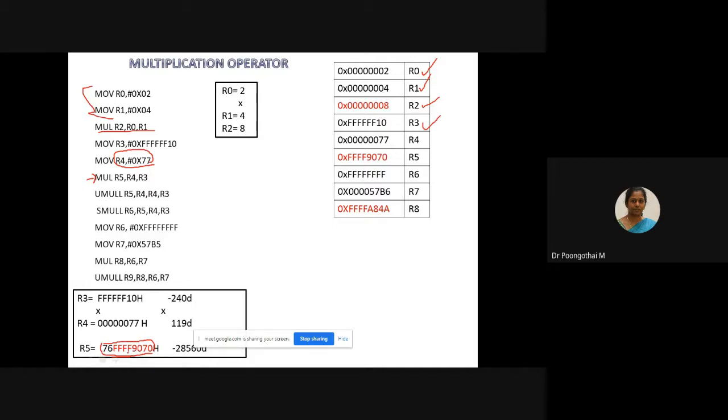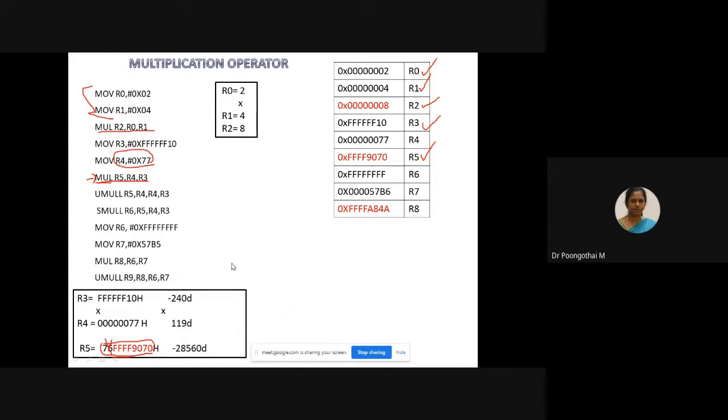Yes, ma'am. Okay. Using the simple multiply instruction, we are able to get only a 32-bit value. After execution, your R5 holds this 32-bit value. The remaining bits will be discarded. This 76 will be discarded. Is that clear?